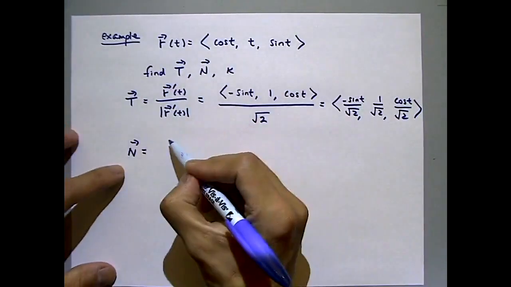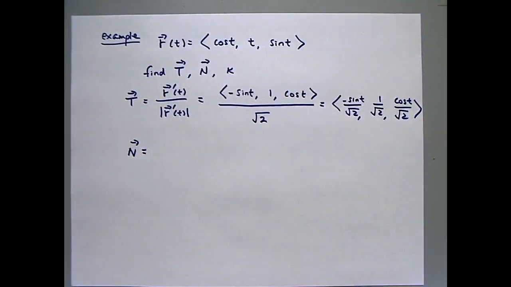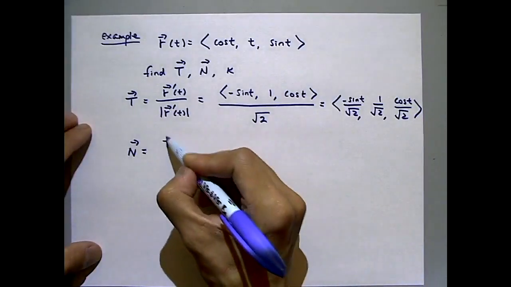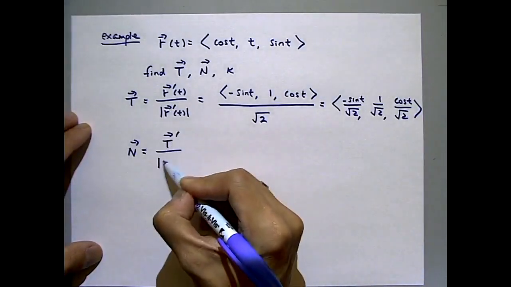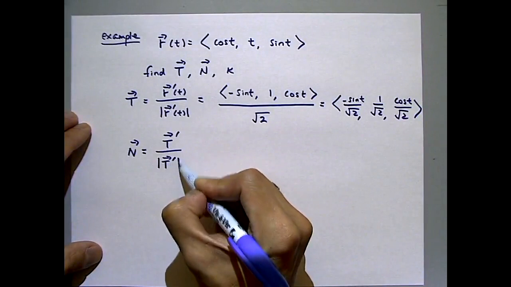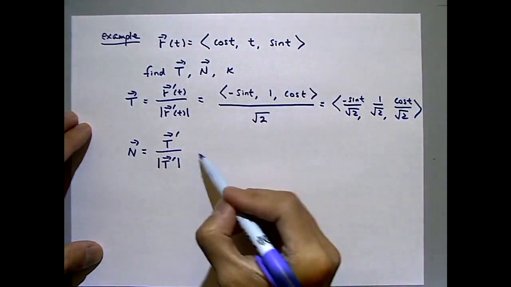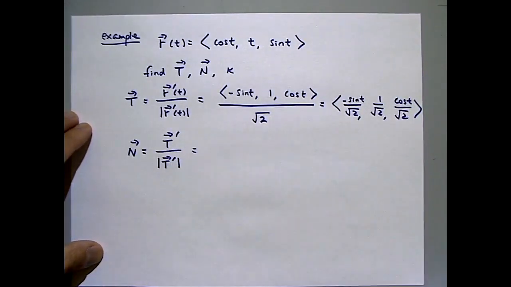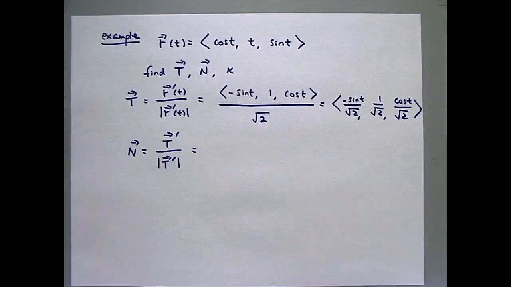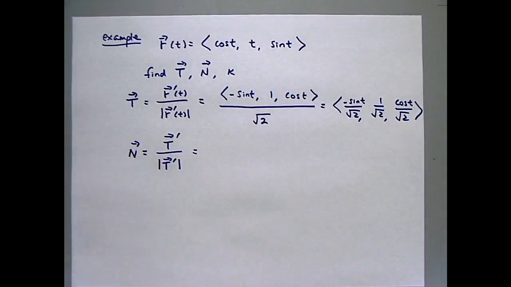So N is big T prime divided by the magnitude of big T prime. Oh, nope, I had the wrong. Oh, that's right, never mind. We're fine.